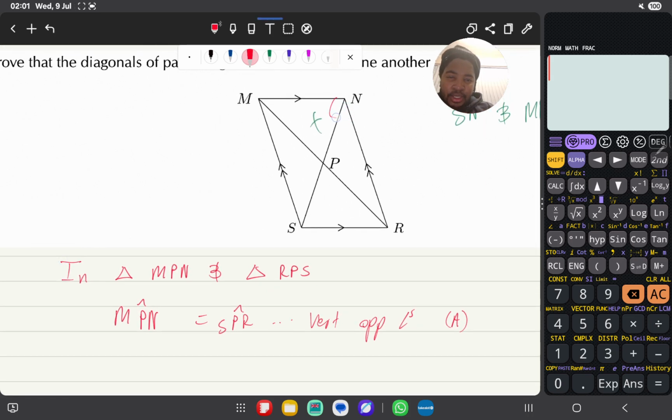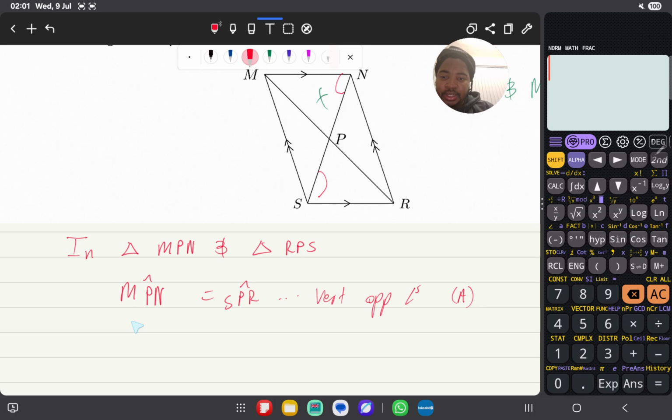This angle right here is alternate to this angle right here because of these parallel lines. So you will say angle MNP equals angle PSR, alternate angles.